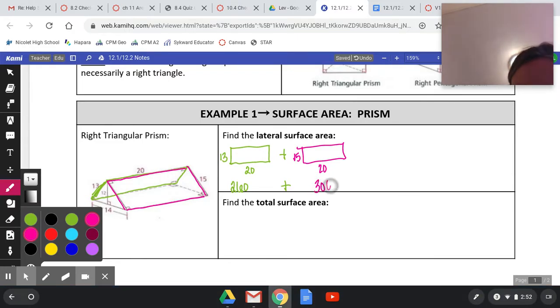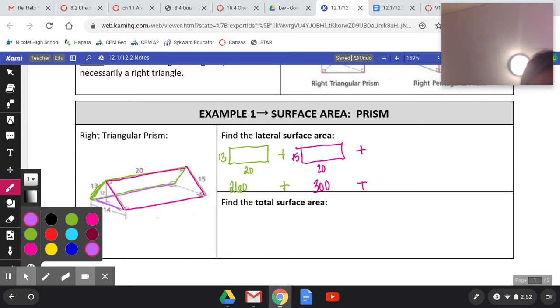And then I've got one more rectangle that I've got to find, on the bottom here, that I'm outlining in purple. That rectangle has the dimensions 14 by 20. So 14 by 20 gives me an area of 280.